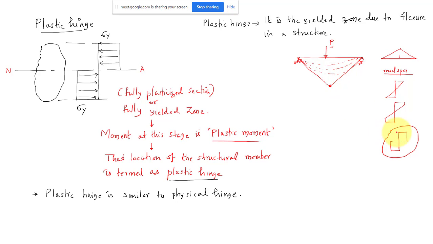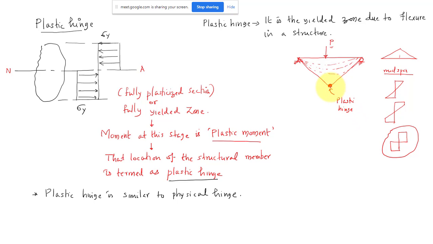But when the mid span becomes fully plastic like this, all the fibers have yielded. Then suddenly that location I can call a plastic hinge. This is my plastic hinge. So that location of your beam you can call a plastic hinge.